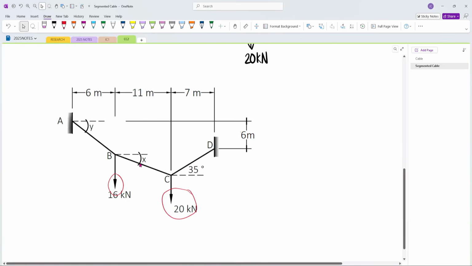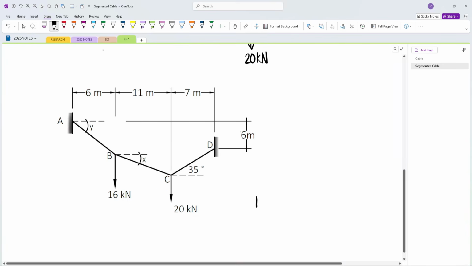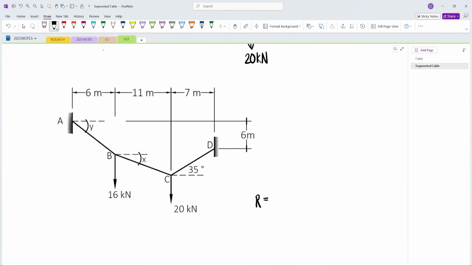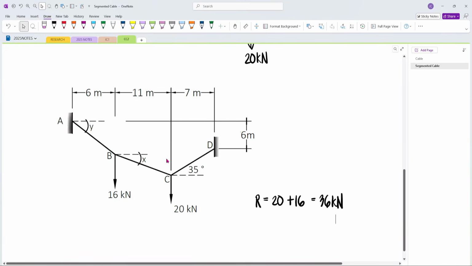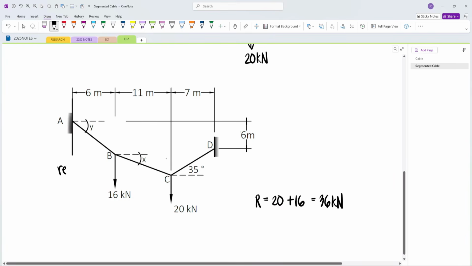Therefore, we can obtain the resultant of these forces. Yung magiging resultant niya is just the sum of the two forces. We have 20 plus 16. So, this is going to be 36 kilonewtons. Now, what we want to solve is the distance from point A. Let this be our reference axis.